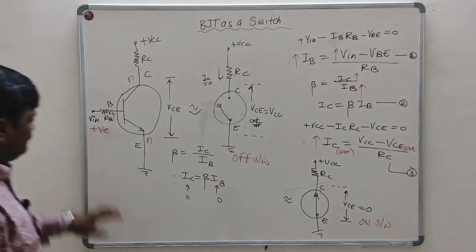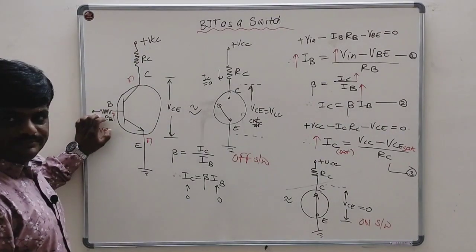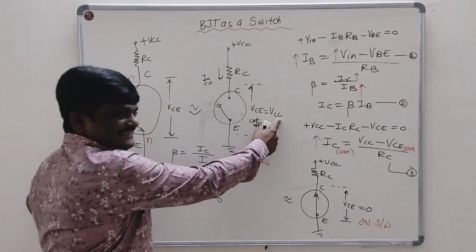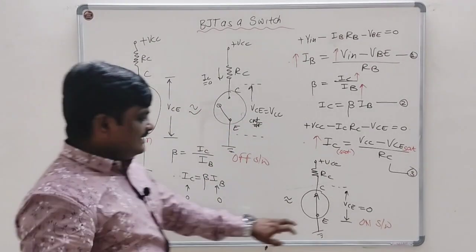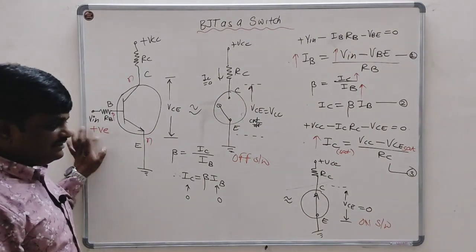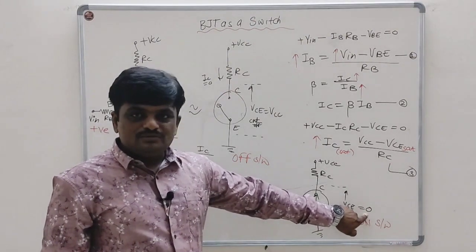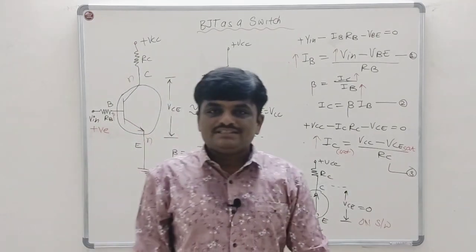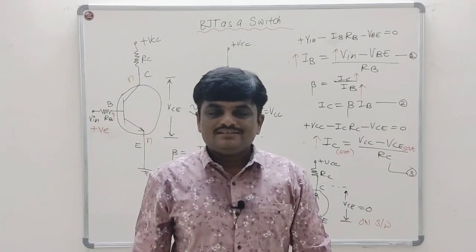Here in the first case, if I give input 0, that is logic 0, I am getting the output VCC, means logic 1. And if I give input say plus 5 volt, that is logic 1, I am getting the output 0, means logic 0. So that is why this same circuit can be used as a logic inverter.